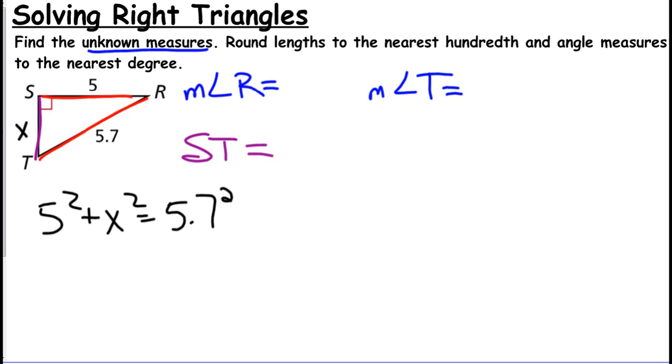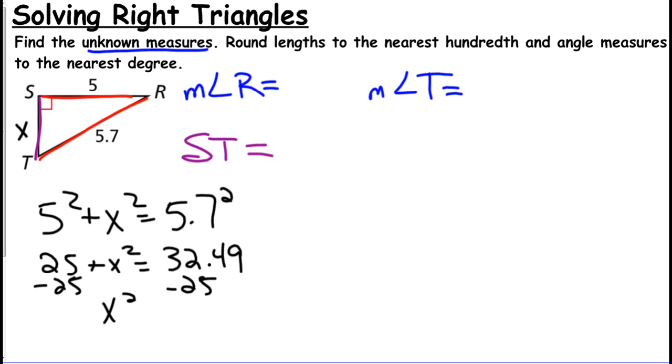Just use Pythagorean theorem, because some of you are going to get stuck on the trig part and forget about that nice little theorem that we can use. So we get 25 plus x squared equals 32.49. Subtract 25 from both sides. We get x squared equals 7.49. And all you have to do then is take the square root of that 7.49.